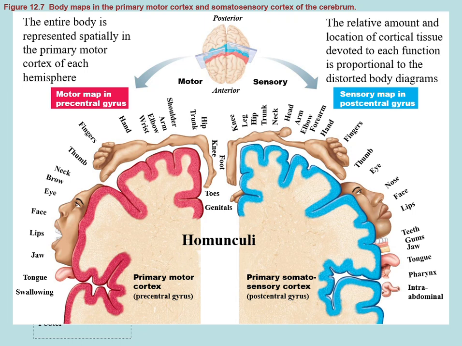On the right in blue, we're seeing the sensory homunculus, where we're seeing the relative amount of cortical tissue that's devoted to each sensory function, and is proportional to these distorted body diagrams. So again, we have a lot of sensation capability from our fingers, from our face, from our tongue, especially, a lot more compared to things like our elbow or our knee.